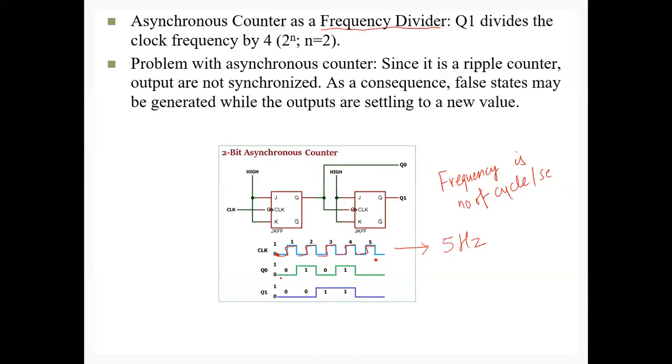Okay. Actually, my life will be easier if I consider up to here as 1 second. Suppose this is what you get in 1 second. So then frequency is 4 hertz, right? Now what happens here? What is the frequency here? Can you help me? Would it be 2 hertz?